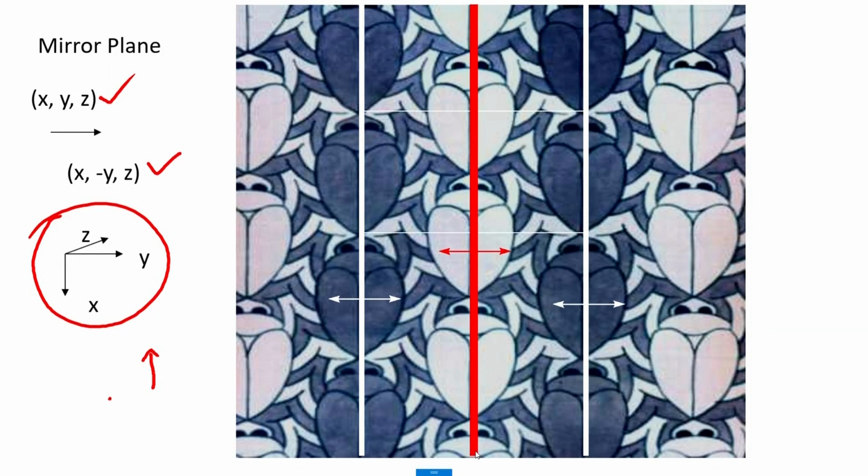This mirror plane is in the y direction. We also invoke the presence of mirror planes with the other object, the black beetle, which also is related by a mirror plane. So, the mirror plane propagates through the entire lattice, generating a close-packed motif.